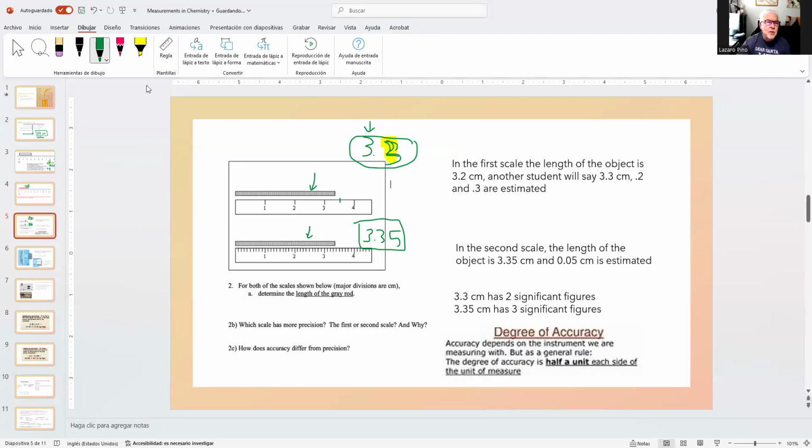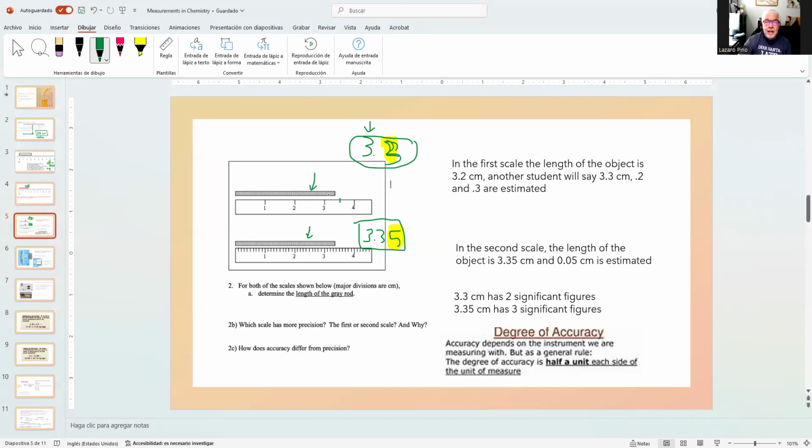In this case, you are sure about 3.3, and you estimate the number 5. And this depends on the instrument you are using.